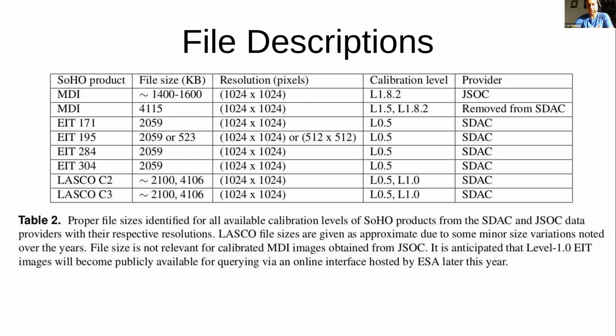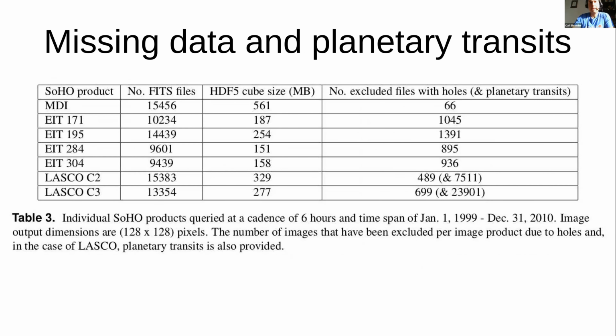But we recommend in the paper to work with 0.5 images, because there are some transformations applied to data in level 1 which we believe, with other authors, do affect the integrity of the raw data, and that might not be the desired input. However, we do provide this as an option, so one could in fact query level 1. We just don't recommend it from our perspective.